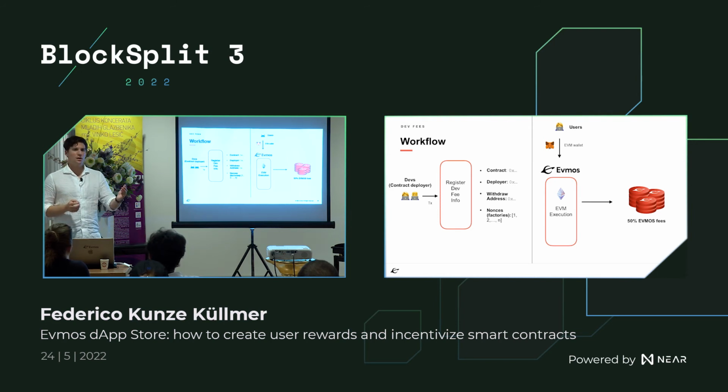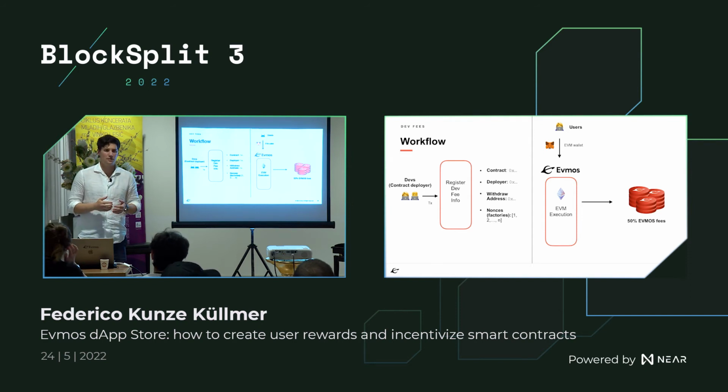But if you deployed a contract that at the same time created other contracts, so technically a factory contract, you can provide multiple nonces so that you can derive that you were the one that deployed the factory contract. That is the way that we have at the moment to verify that the deployer was the one that deployed the contract itself.